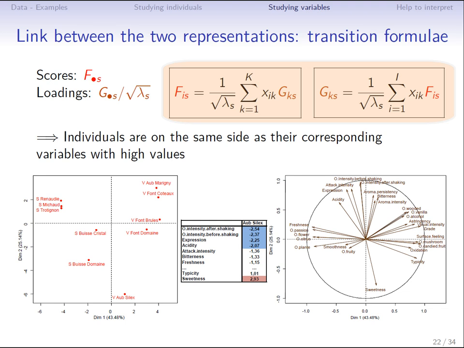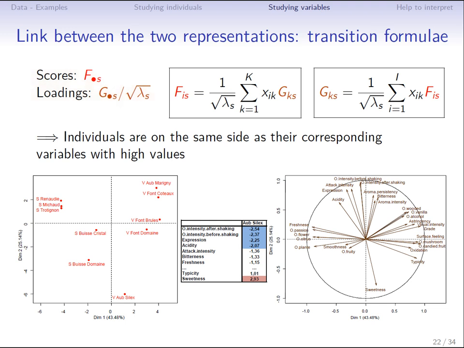the other. Let us note F_iS the coordinate of individual i, and G_kS the coordinate of variable k of the component of rank S. The vectors F.S are called the scores, and the vectors G.S divided by the square root of the eigenvalue are called the loadings.